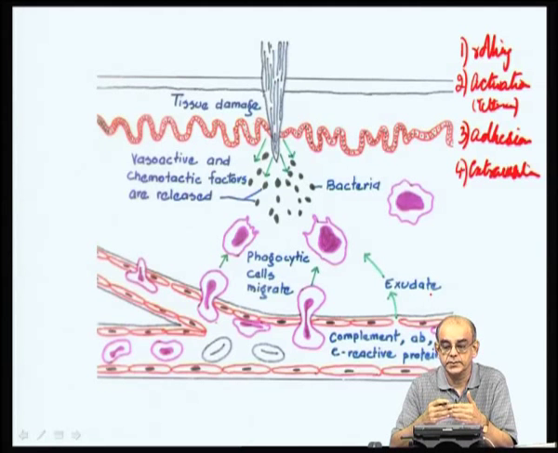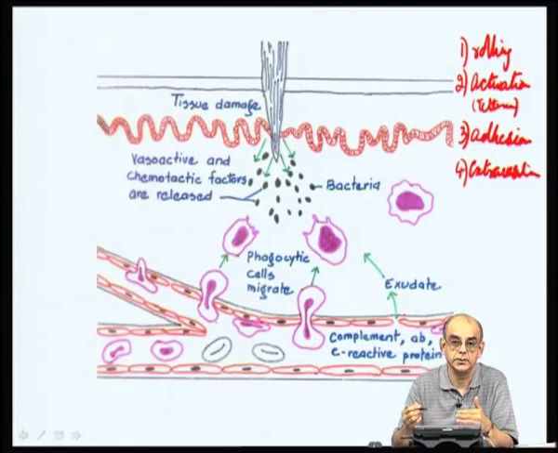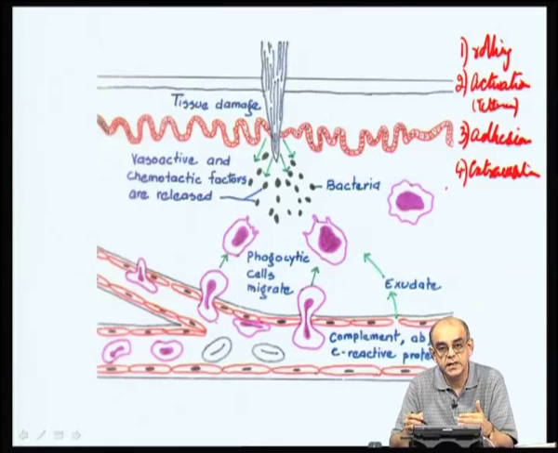This interaction of these proteins on the cell that is rolling or tethering with the molecules expressed on the cell surface of these blood vessel endothelial cells causes an activation of these cells.